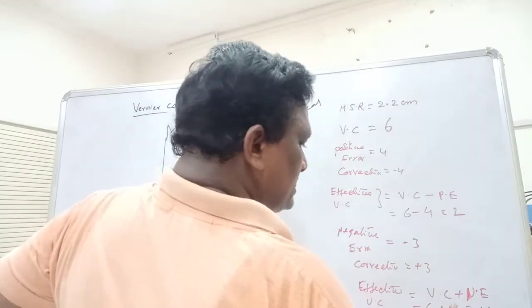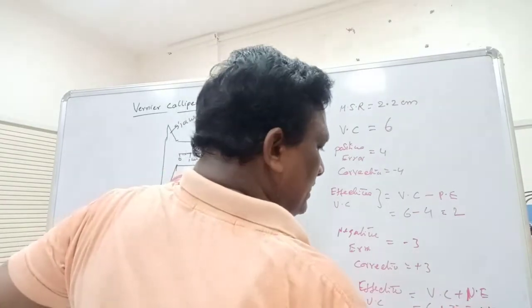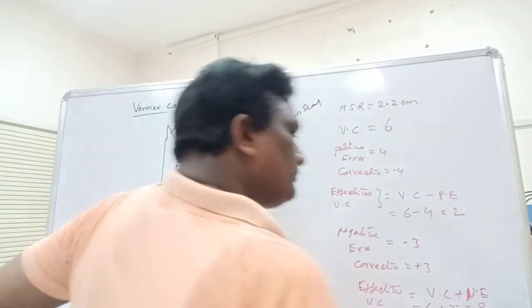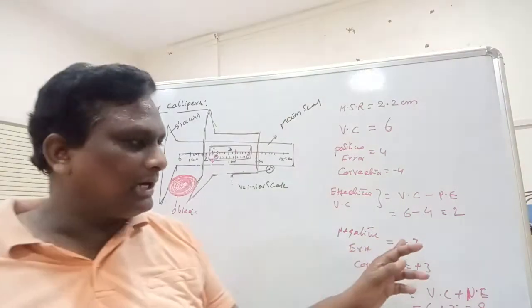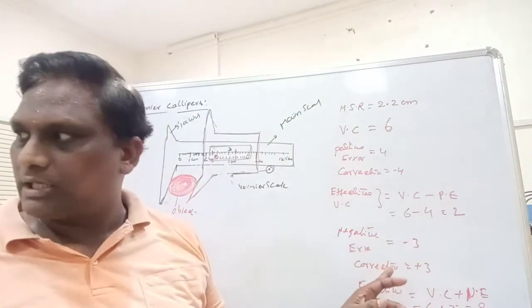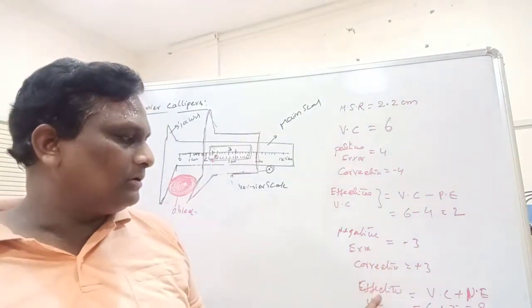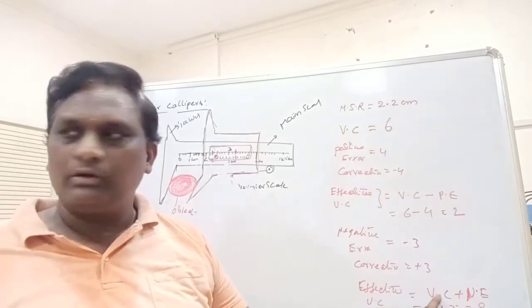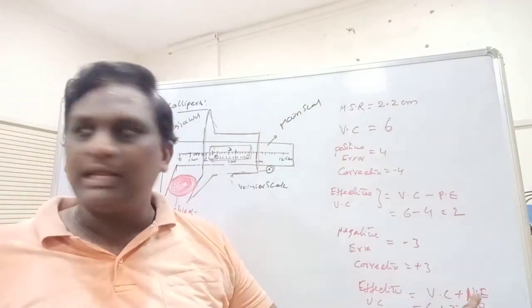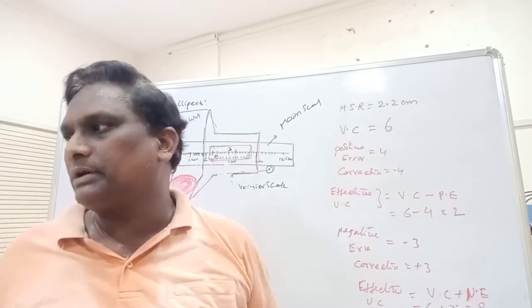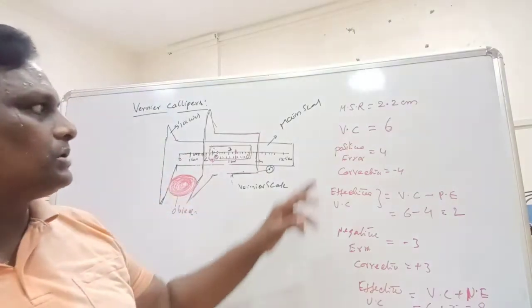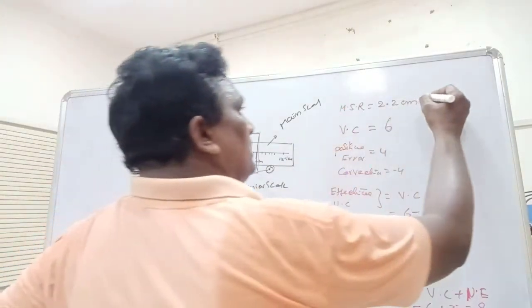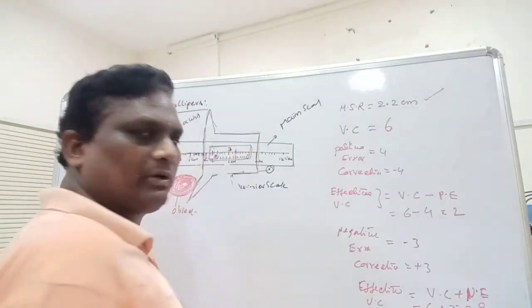Now 6 plus 3 is equal to 8. Negative error you take minus 3, correction positive, that I told you. Means effective Vernier coincidence is equal to Vernier coincidence plus negative error. So that is 6 plus 3, equal to 8. Okay, right.